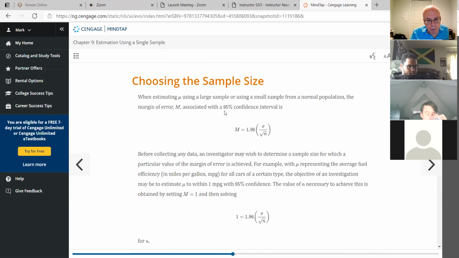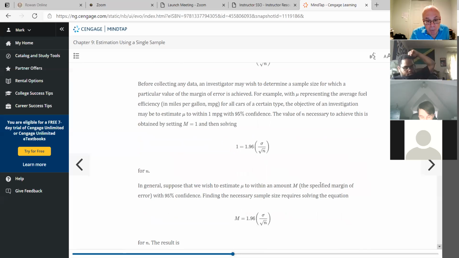Once again, for some reason, they just put the Z in here, 1.96. They should just put Z because 1.96 is only for 95% confidence intervals, all right? Another level of confidence, we'll have another Z. I'm really peeved about this a little bit because I wouldn't have written the book this way. It just doesn't make any sense.